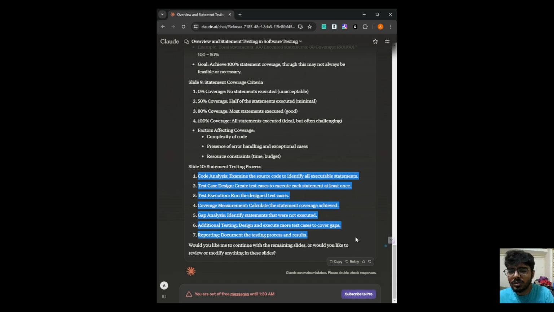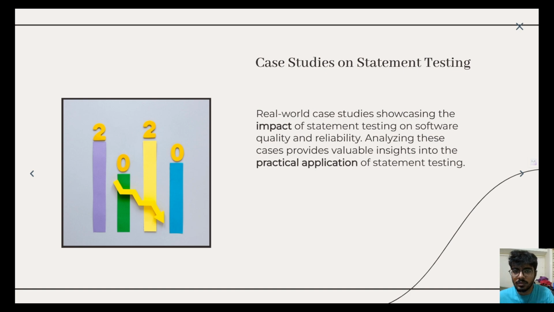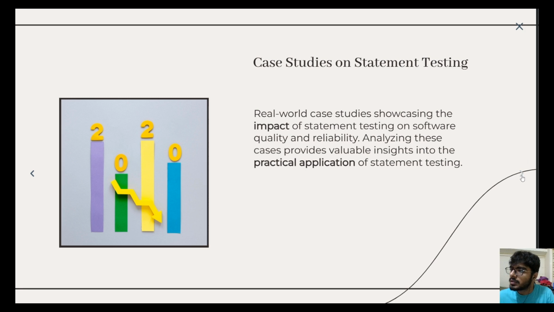Then report: document all the testing, where we describe what errors we find, what they may be caused by, and how they can be solved. These are the various ways in which we can get to know what errors we are facing by using the statement testing process.